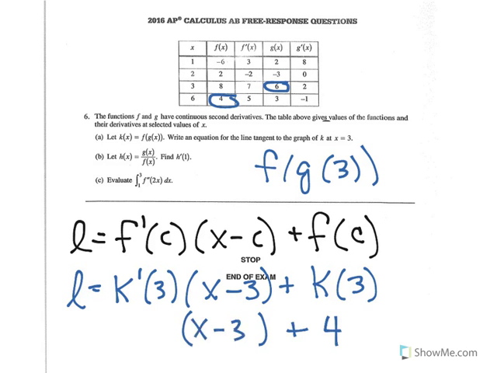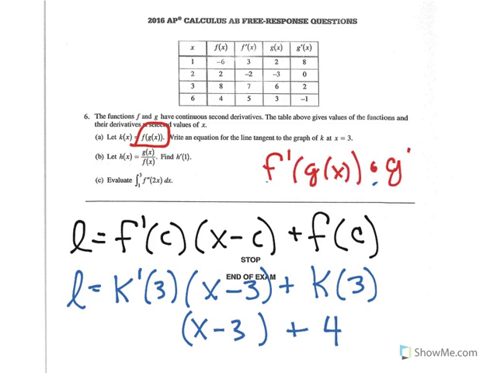But now I need to take the derivative of k to solve that out. Well, let's see what k is equal to. A lot of work on this, I know. This part is the harder part of the batch. I've got to take the derivative of that statement right there, which looks like a chain rule. So it's f prime of g of x times the derivative of the inside, which is g prime of x. And now I'm going to substitute in 3.